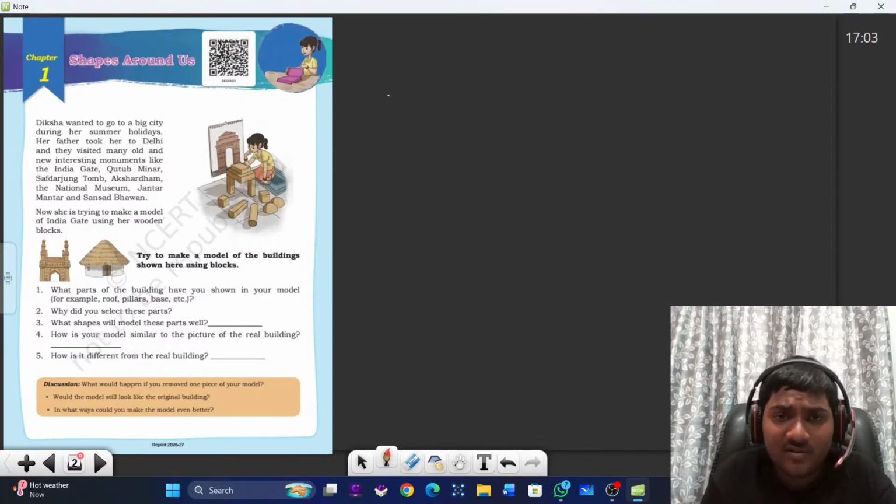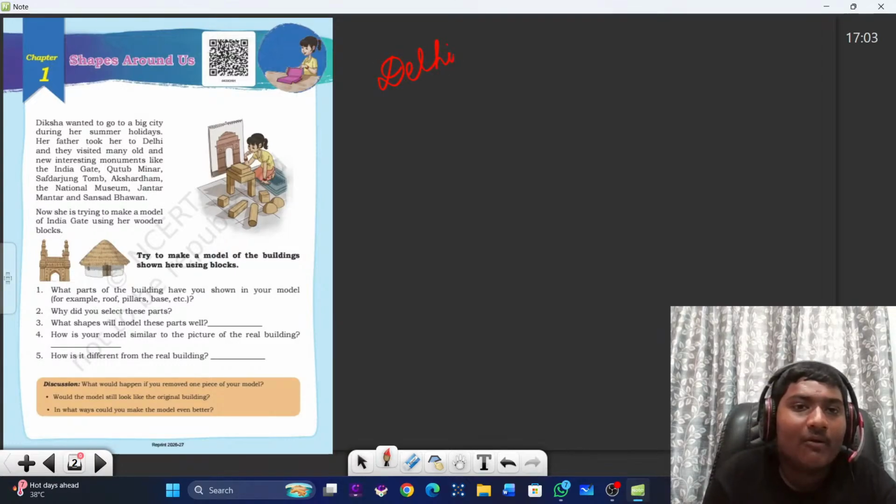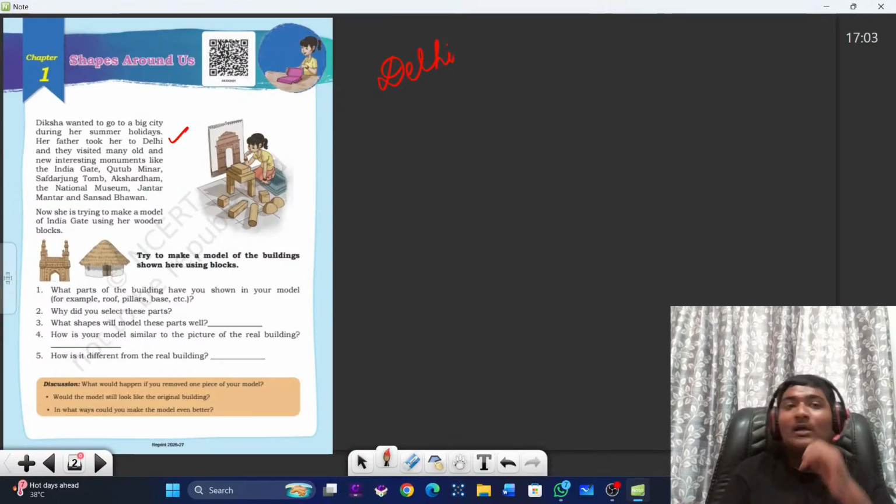Where did her father take her during summer vacation? To Delhi. Okay. And they visited old and new interesting monuments like India Gate, Qutub Minar, Safdarjung Tomb, Akshardham, National Museum, Jantar Mantar, and Sansad Bhavan. Yes, children.